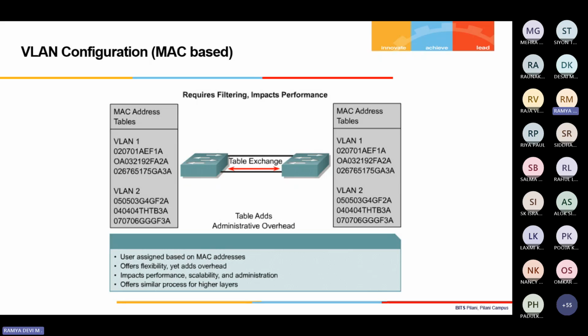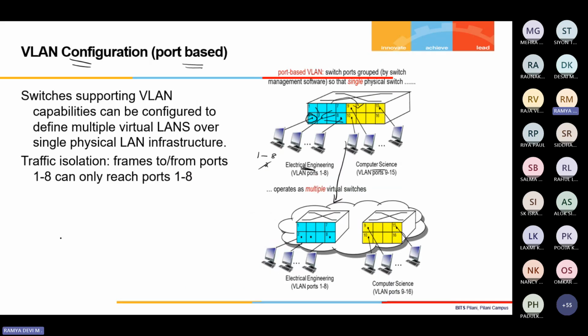So how can the manual configuration be done? Say for example, I want to create VLAN 10. In switch configuration, I say VLAN 10. What's the name?